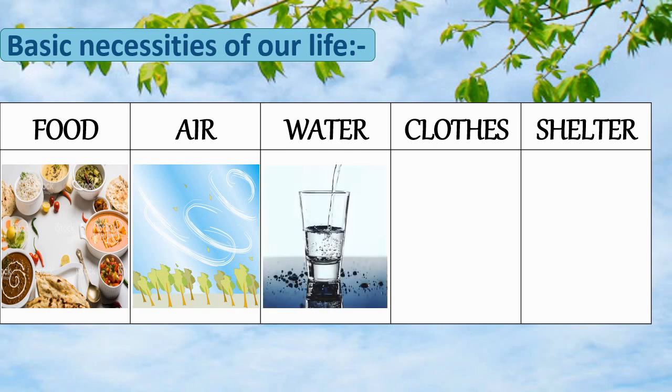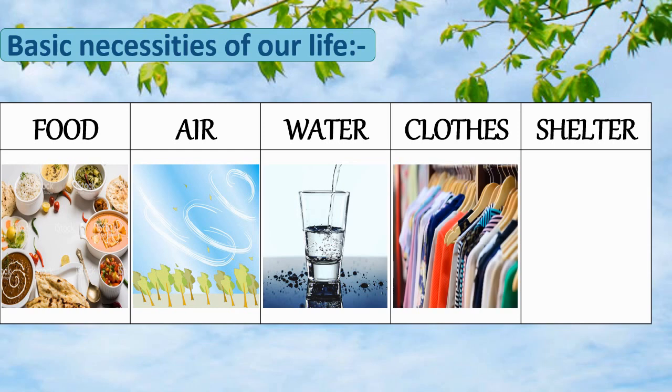Water. All plants and animals must have water to survive. Water is used for washing our bodies, clothes, houses, for cooking, and to keep our environment clean. Clothes. Clothes are mainly used to cover our bodies.